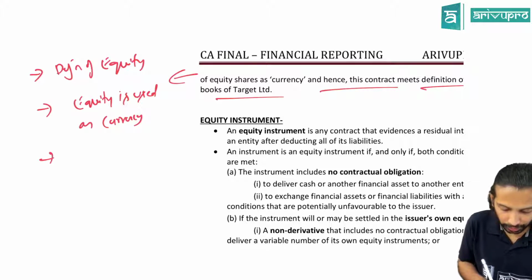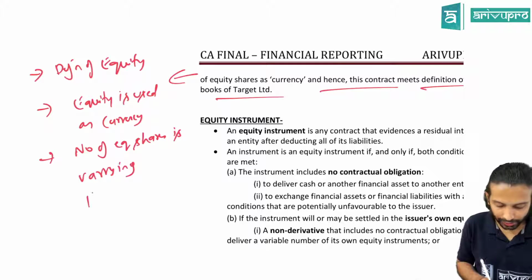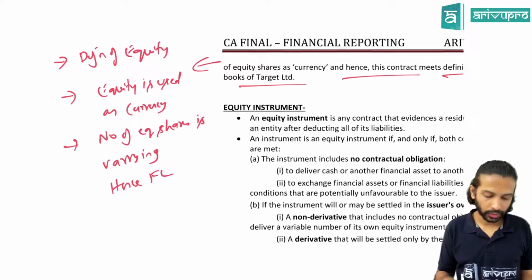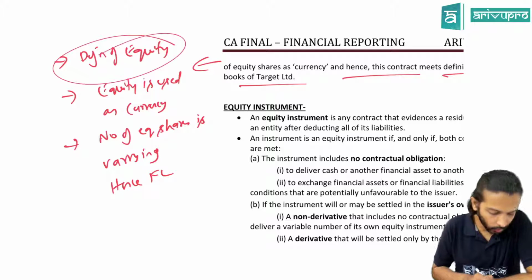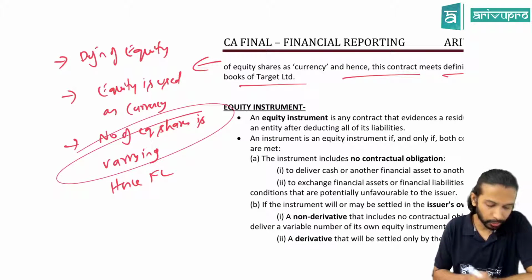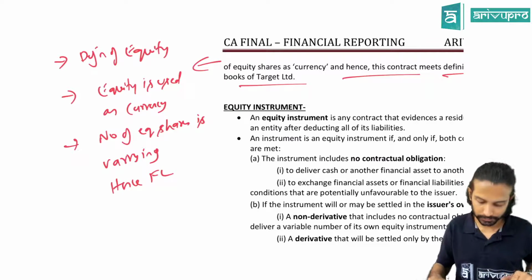And you will also say whether the number of equity shares is fixed or varying: the number of equity shares is varying. Hence financial liability. That's all you can write. Manageable. Definition of equity. Here equity shares are used as currency. Number of equity shares is varying. Hence it is a financial liability and not equity.